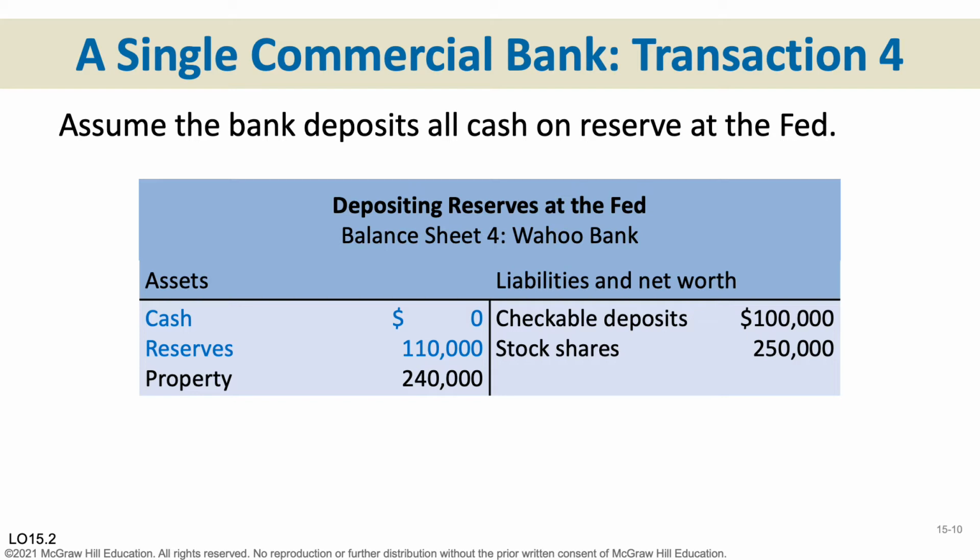So that $110,000 we had in cash has now been deposited with the Federal Reserve. We didn't make any other transaction, so we cleared out the cash account, but we increased a new asset account called the reserves account by the same amount, so we're still in balance.